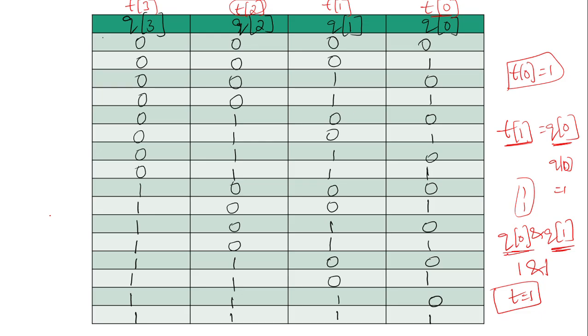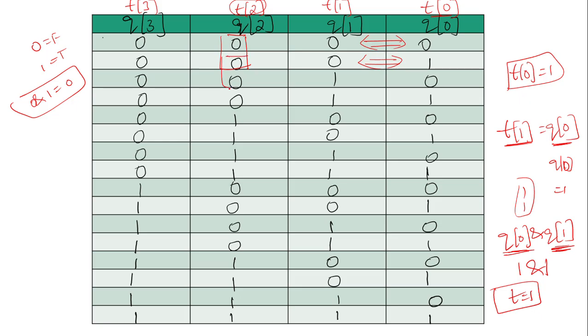Whenever the Q of 0 and Q of 1 are both 1, then only is there going to be a toggle. See here, both are false. That means there is no toggle at this particular step. 0 means false and 1 means true. So 0 AND operated with 1 is nothing but false, 0 only. So there is no toggle.